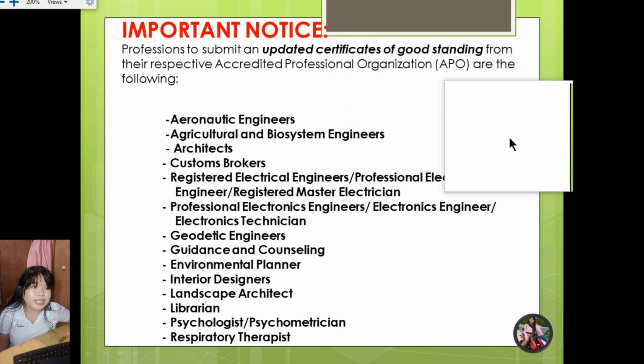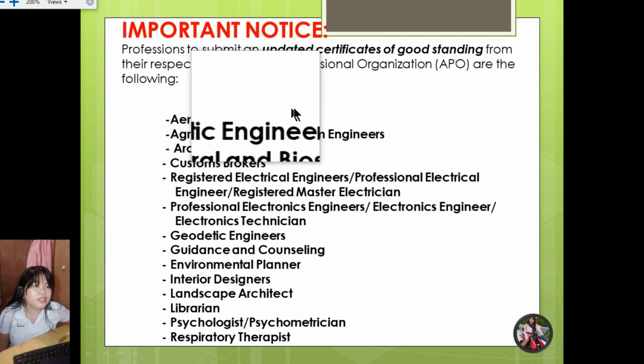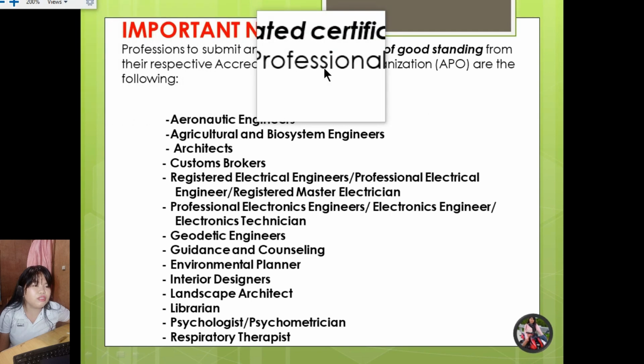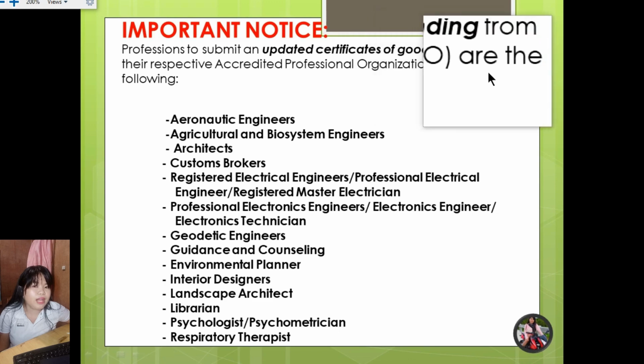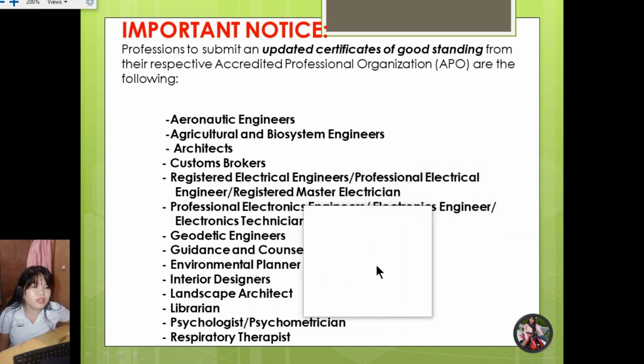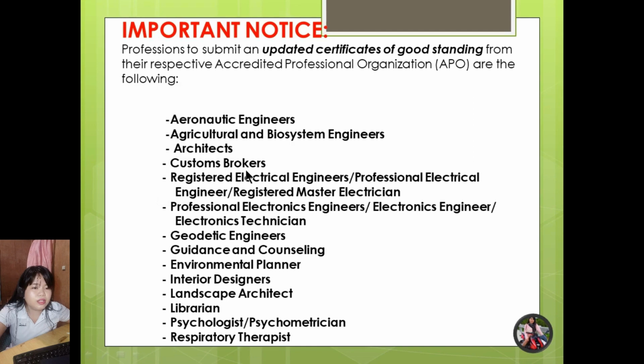Kailangan po yung updated po sa mga following na profession, from their respective accredited professional organization or APO: aeronautics engineers, agricultural and biosystem engineers, architects, customs brokers, registered electrical engineers, professional electrical engineer, registered master electrician, professional electronics engineers, electronics engineer, electronics technician, geodetic engineers, guidance and counseling, environmental planner, interior designers, landscape architect, librarian, psychologist, psychometrician, and respiratory therapist.